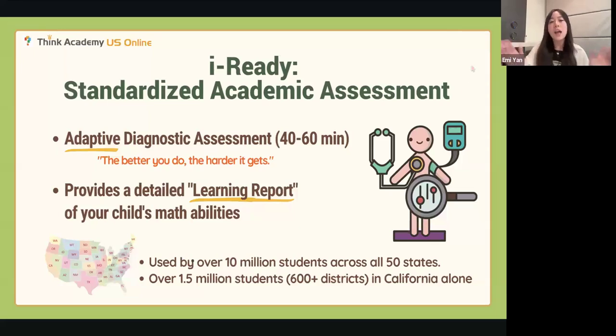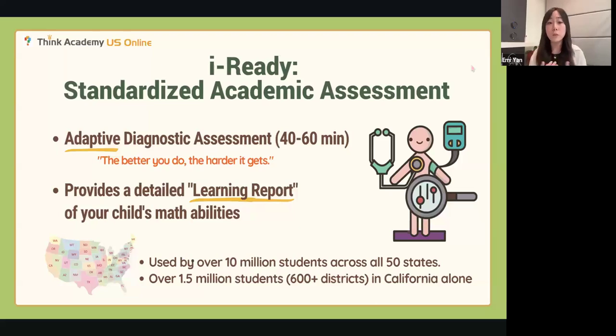First of all, iReady is a standardized academic assessment across the United States. It's very popular among the American states, and it is an adaptive diagnostic assessment. And what does the word mean? Adaptive means, for example, if you are a kid in grade 5 taking the grade 5 iReady test, you will also see some questions in grade 6.